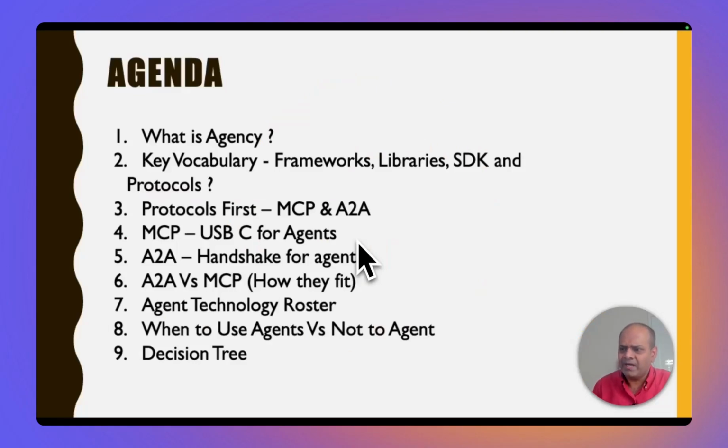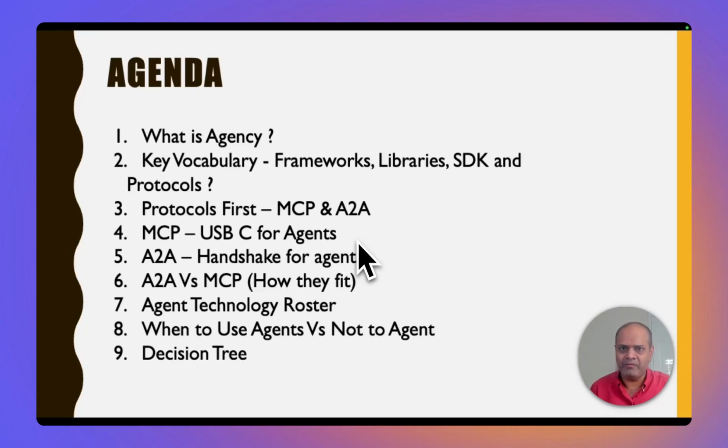So what I will cover today, this is the agenda for my talk. We'll cover what agency is, we'll go through key vocabulary definitions as to what frameworks, libraries, SDKs, and protocols are. We'll cover MCP and A2A protocols, and then we'll take a deep dive at a high level into what MCP is and what A2A is.